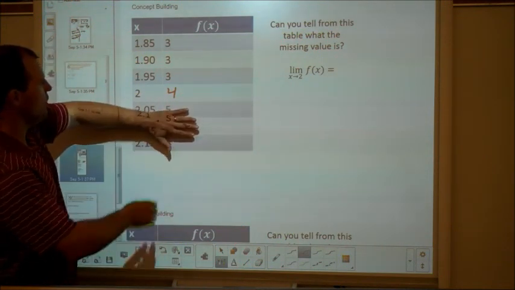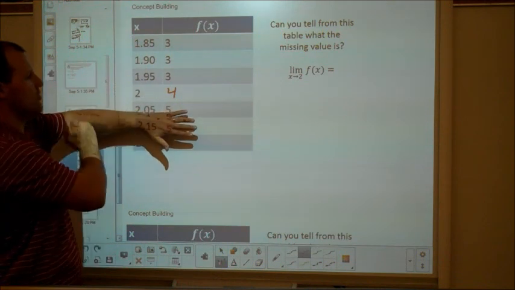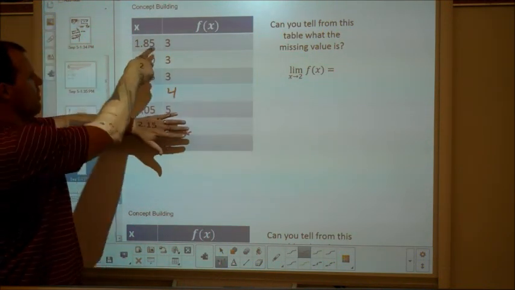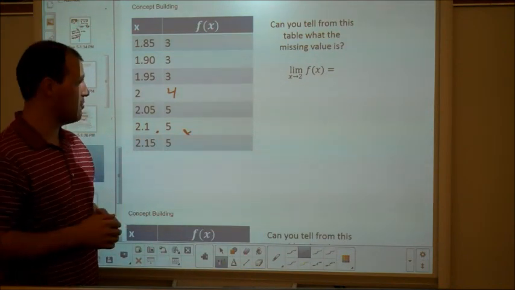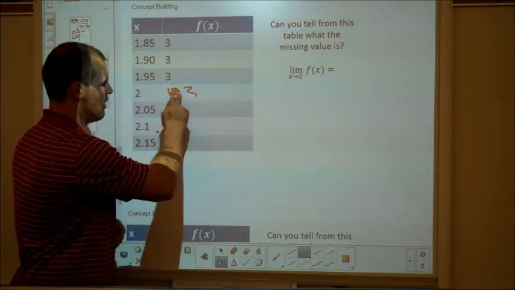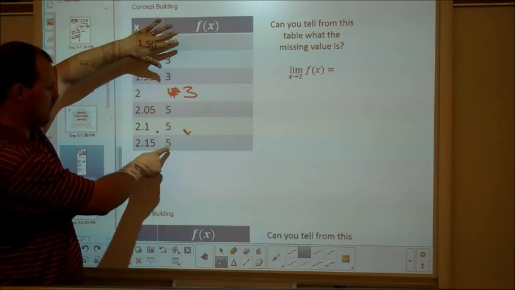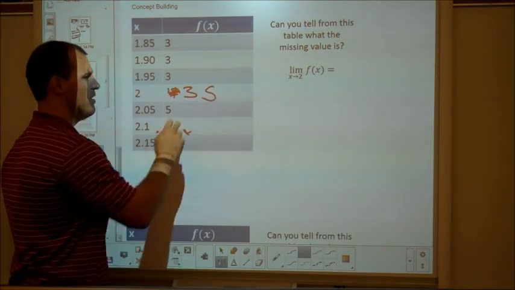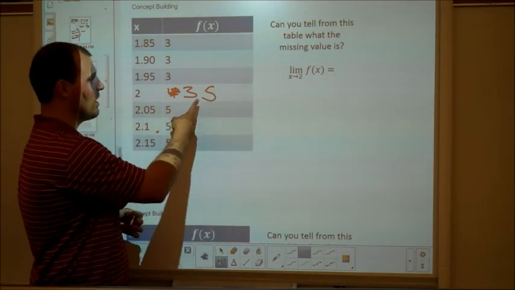So, for example, look only at the x values that are less than 2, because we are approaching 2. 3, 3, 3, look at the pattern, it suggests that perhaps the next number should be 3. But if we look just at the bottom half of the table, then the suggestion is maybe 5, 5, 5. Well, maybe that number should be 5. Well, let me tell you, when we're dealing with limits, we can only have one.